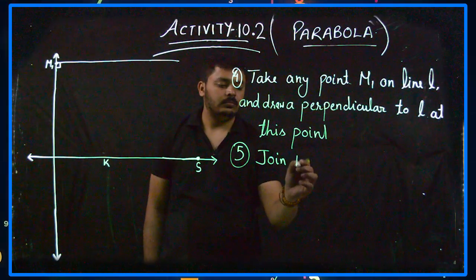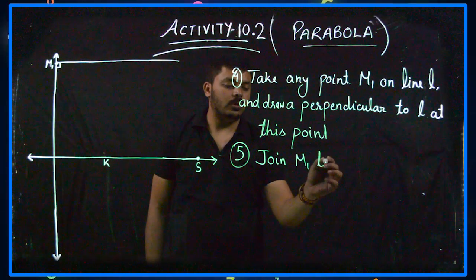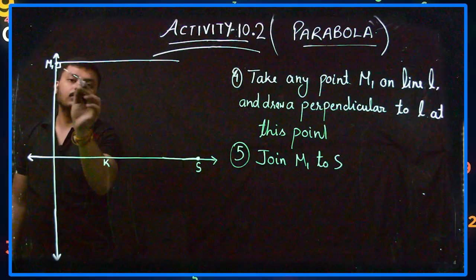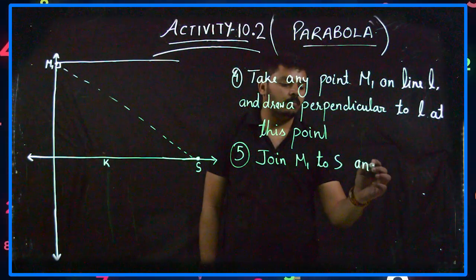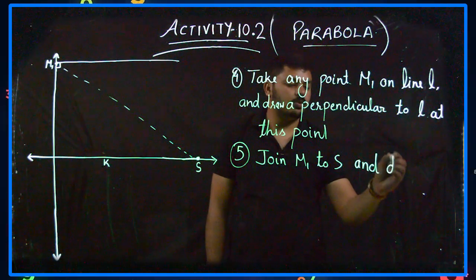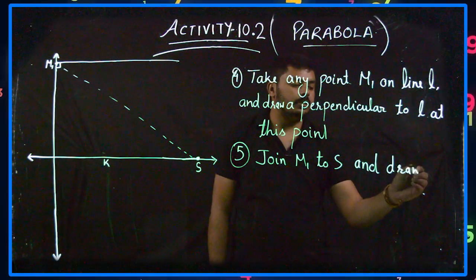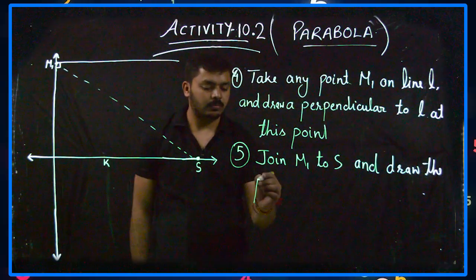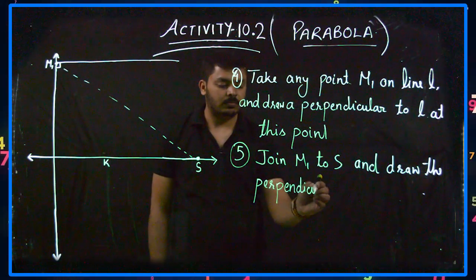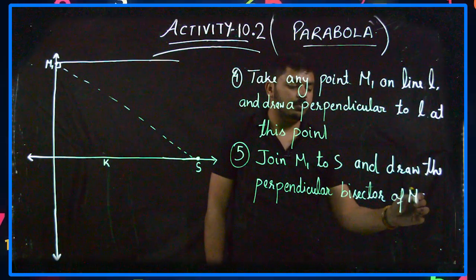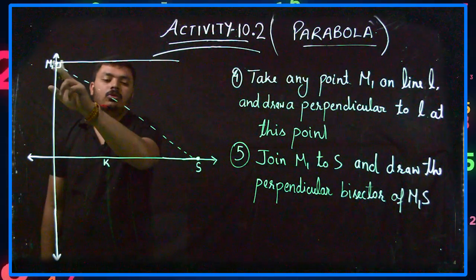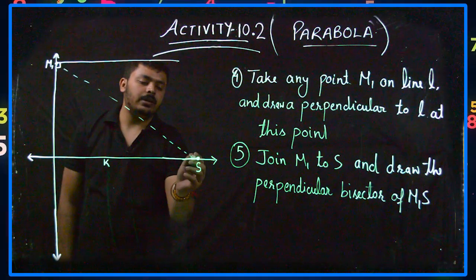Join M1 to S and draw the perpendicular bisector of M1S. That is, we have to draw the perpendicular bisector of M1S.